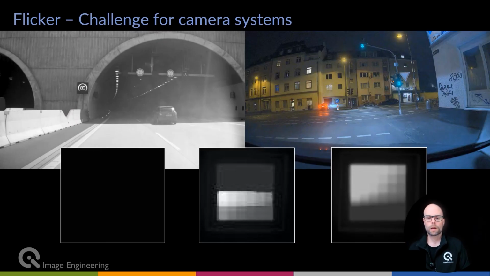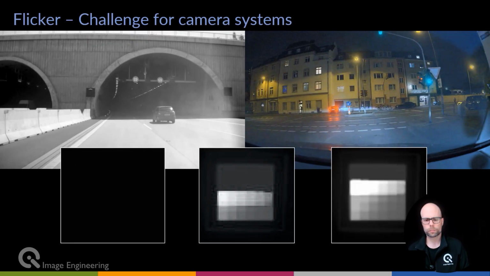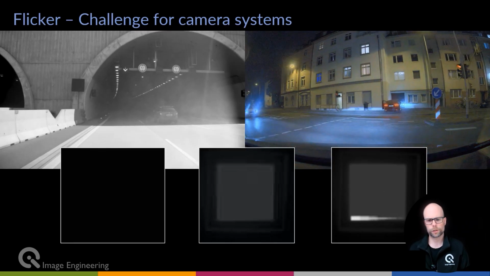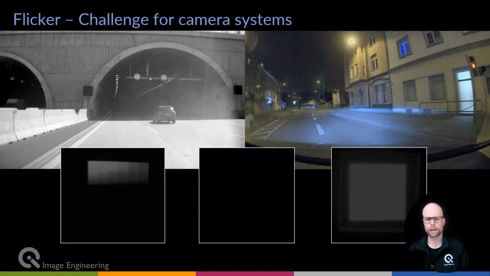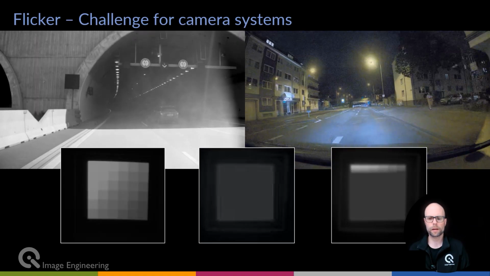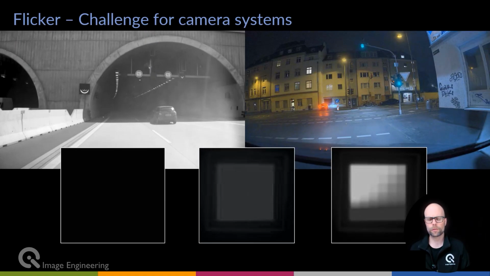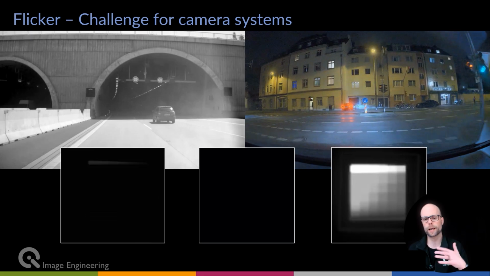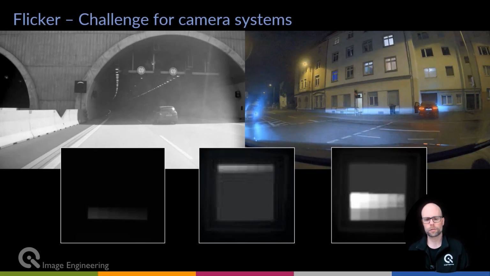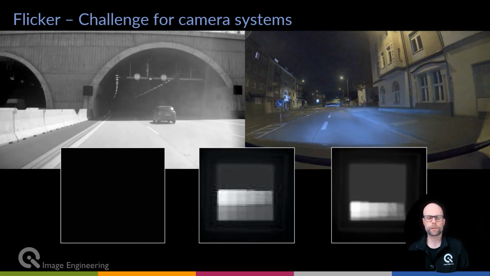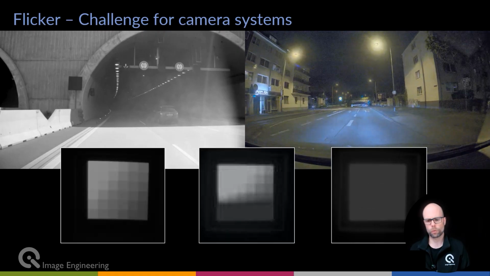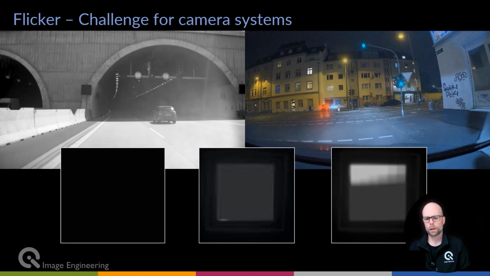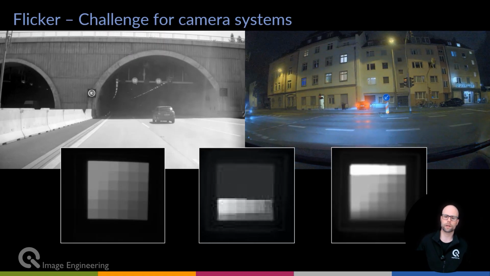Also, in the scene at the top right, that is something of an annoyance, because these road lights also use PWM, so that causes a general flickering effect on the entire image that you capture. That's at least an annoyance, if not really a disturbance for the detection algorithm. In the videos in the lower part, you see different artifacts.